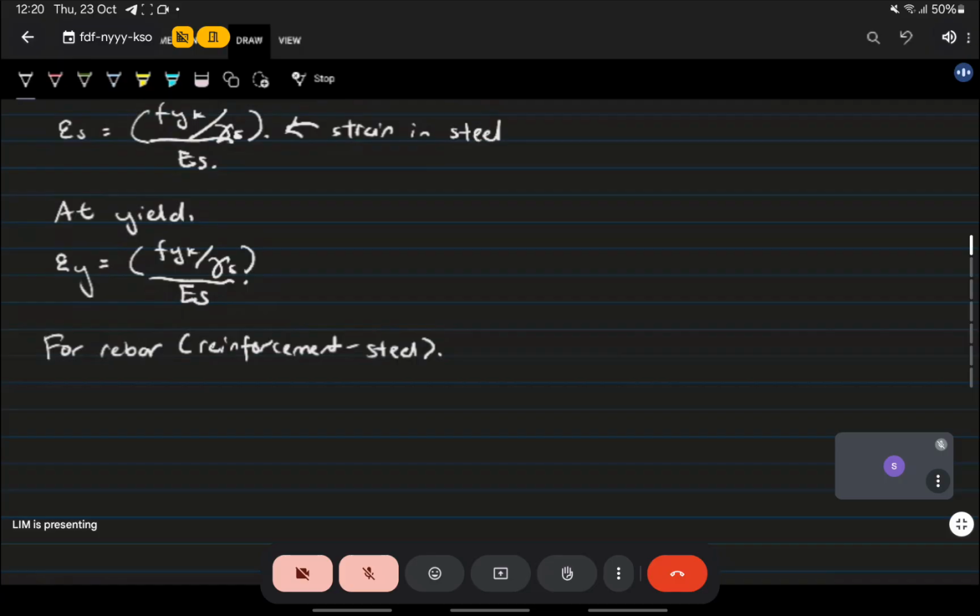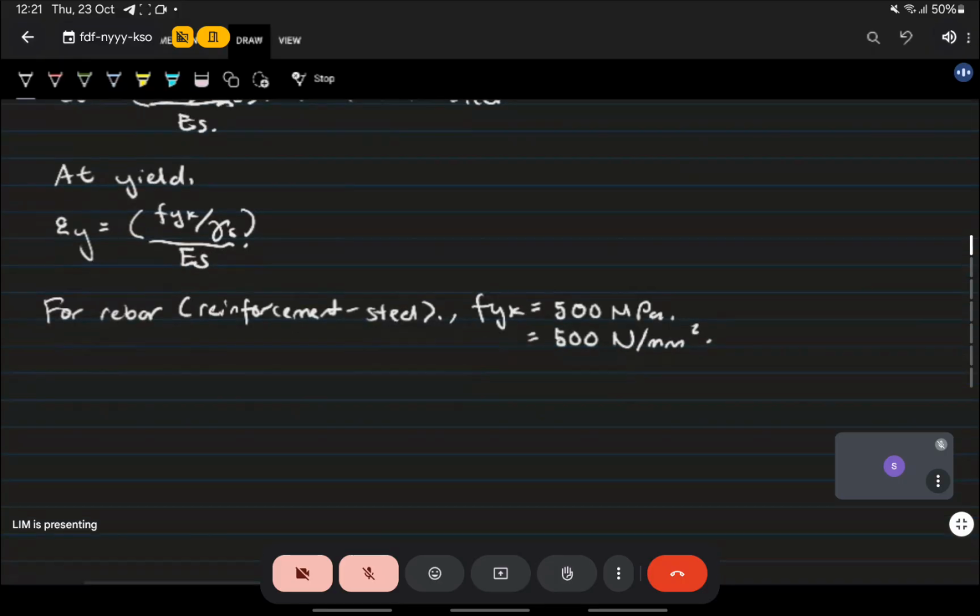The strength of steel reinforcement, the normal one that we use in design, is fyk 500 MPa. MPa is the same as Newton per mm squared. 500 MPa means 500 Newton per millimeter square. Now this is the characteristic one, so to get the fyd you have to divide by 1.15. But that's not what we're interested in right now.